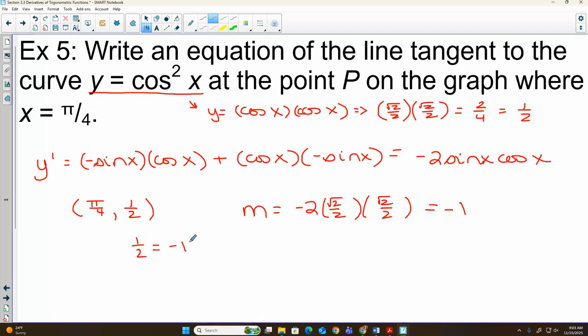Y equals m times x plus b. The y-intercept is 1/2 plus pi over 4.